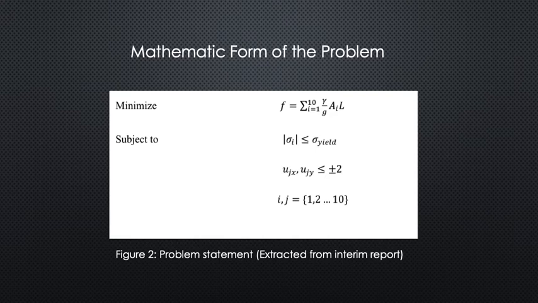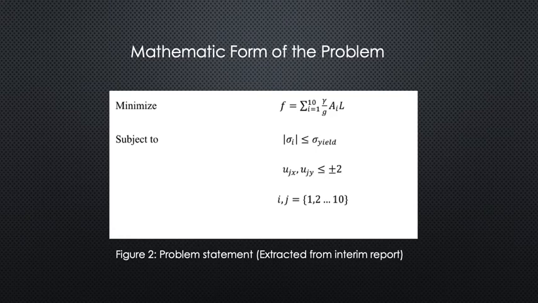At the same time, we are using as little material as possible because we want to save money, right? And we want to make sure the structure is robust, so no structure member is going to fail.